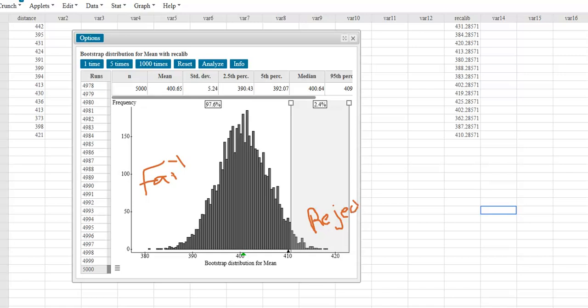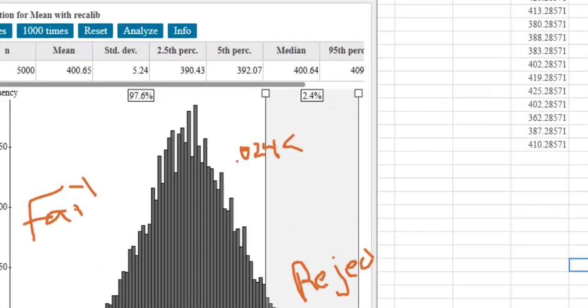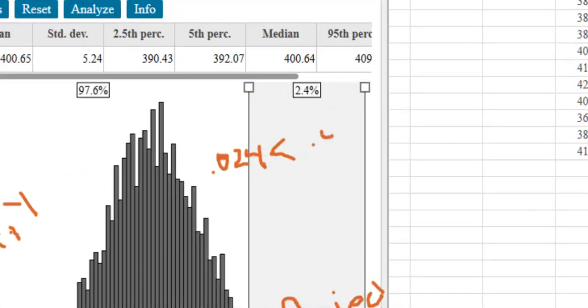And our p-value is 0.024, and that is less than an alpha level of 0.05. So we would say that there's evidence to suggest that the balls do go further in the thin air at Coors Stadium, or whatever we were looking at.